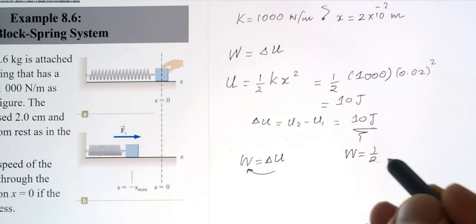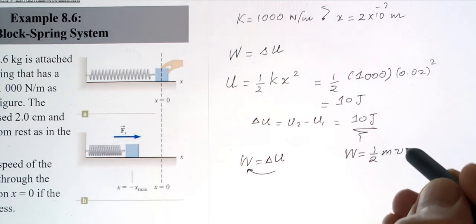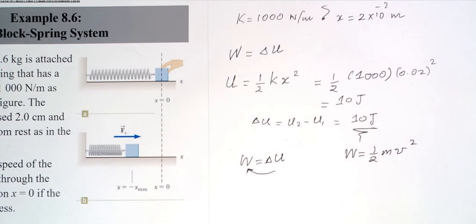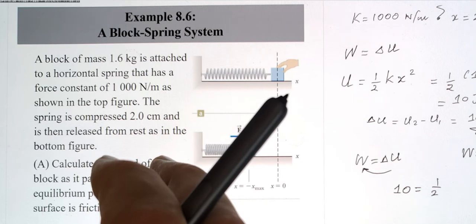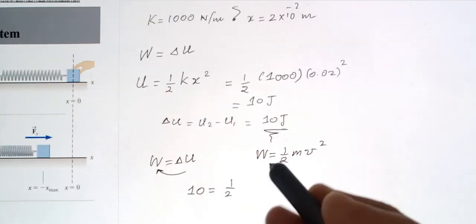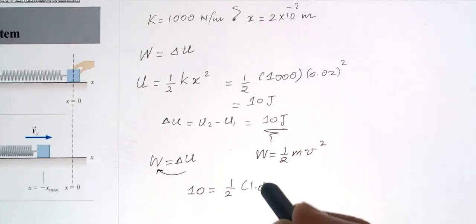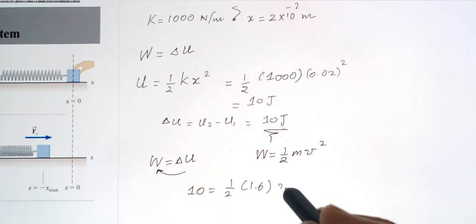After it is released, it is half mv square. So that means 10 is equal to half. What's the mass of the block? 1.6 v square. So what is V?